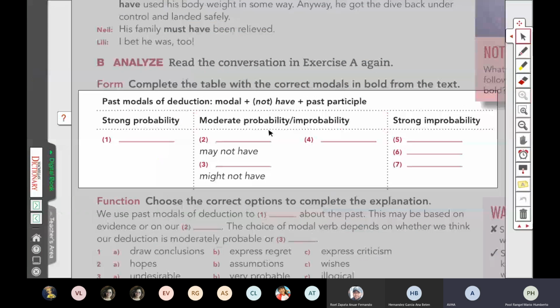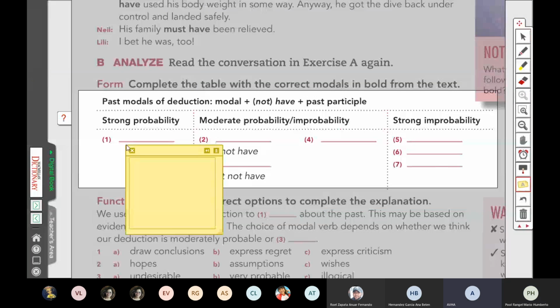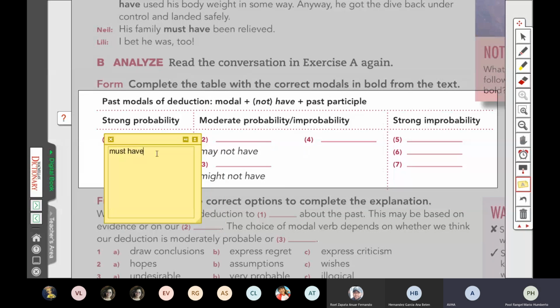Era lo que teníamos aquí ayer. Entonces será must have. Siempre juntos, must have. Y el verbo va a ser en pasado participio. Entonces puedo tener must have gone, been, done, eaten, etcétera, etcétera.